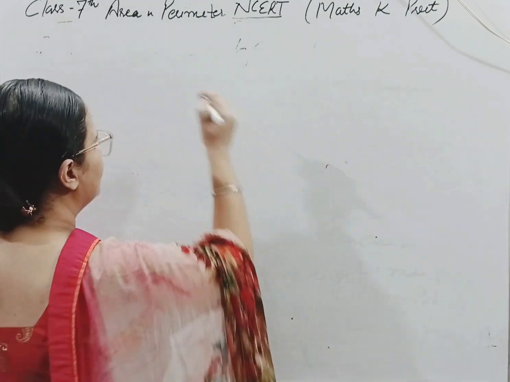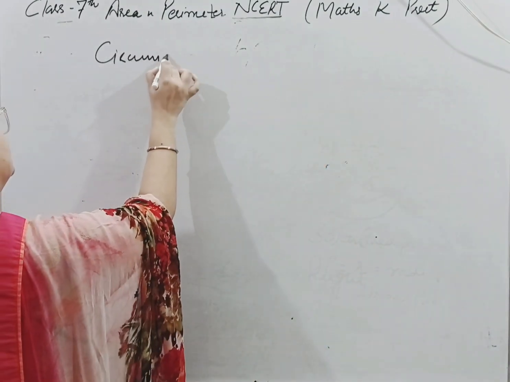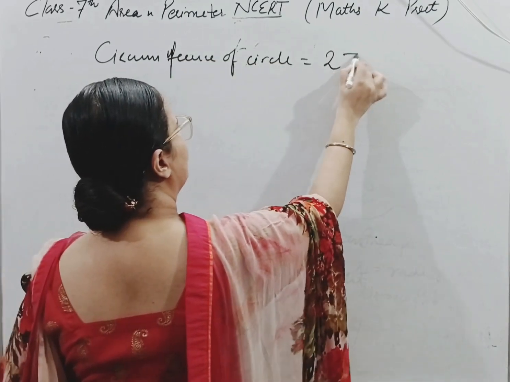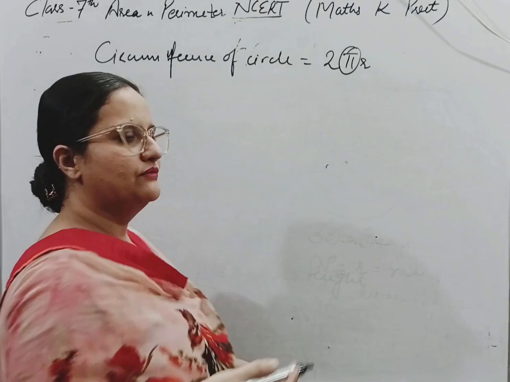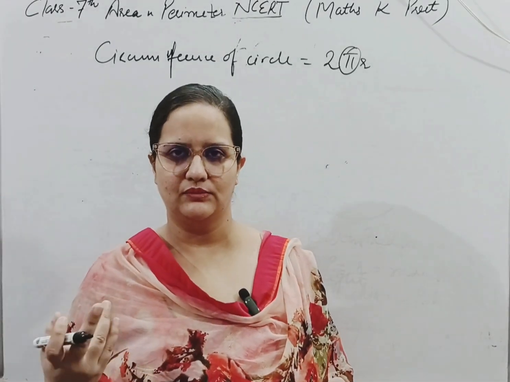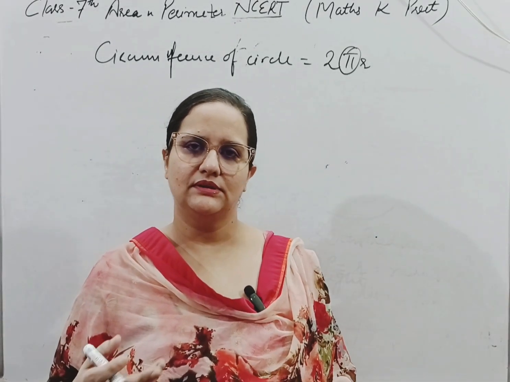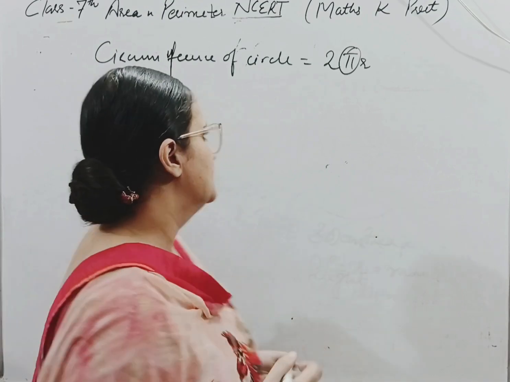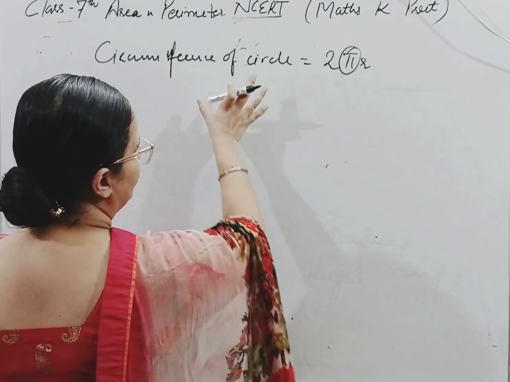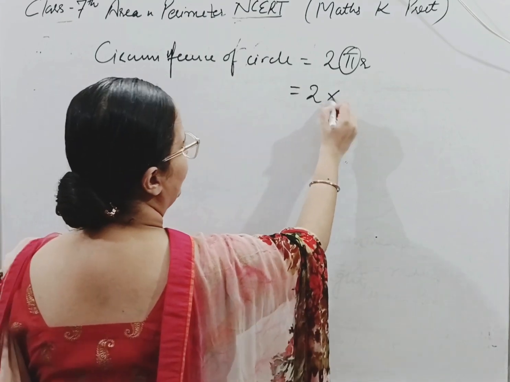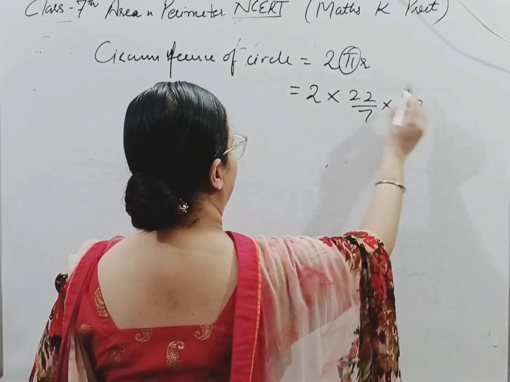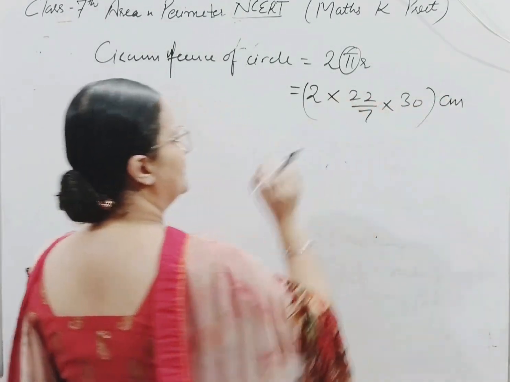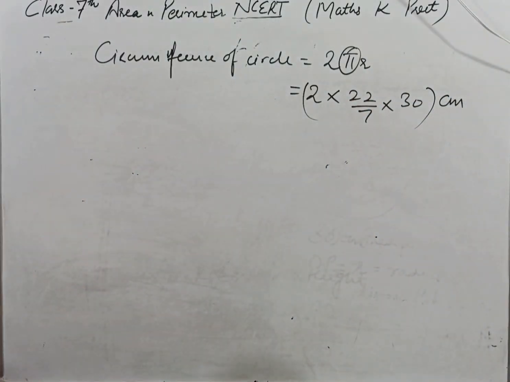Which value of pi we have to take is generally mentioned in the question, but if it is not mentioned, then we will choose accordingly. So I'll put the value 30 here, simplify, and get the value for the circumference of the circle.